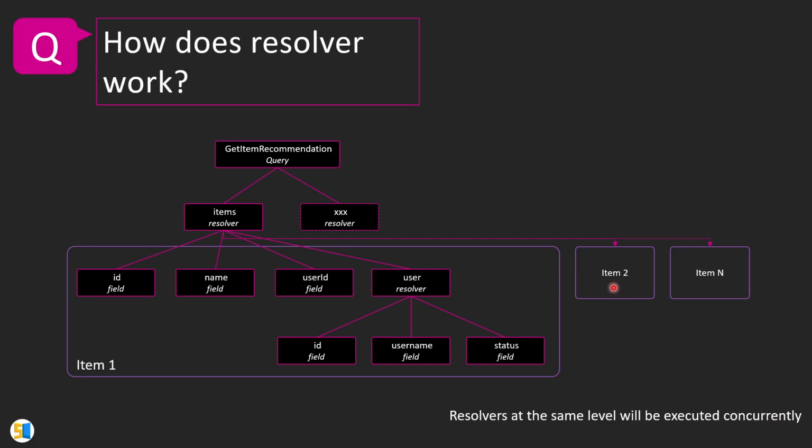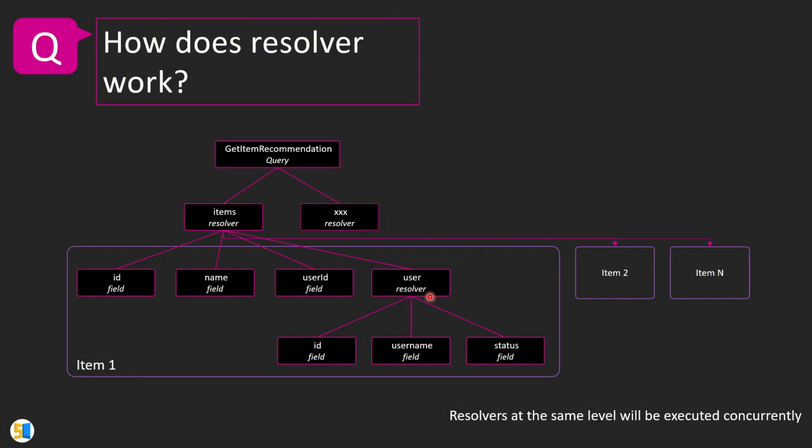From this graph, you see that if we have let's say 3 items or 4 items, right? This user resolver will be called the same number of times as the number of items, right? If we have 4 items, it will be executed 4 times, which basically means we call external APIs 4 times, we call the database query 4 times, so it's not efficient.